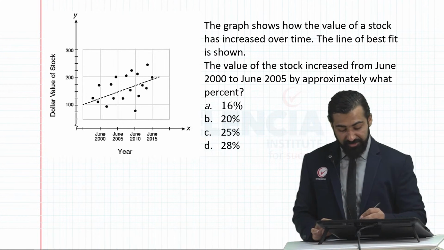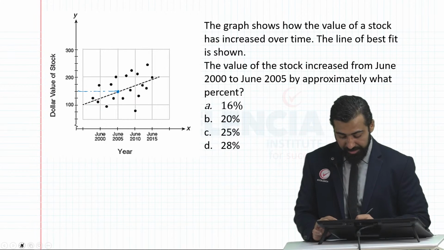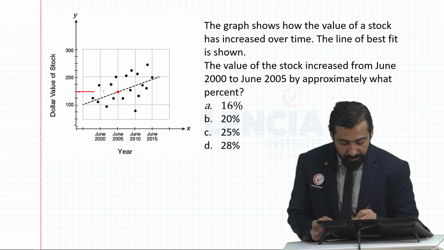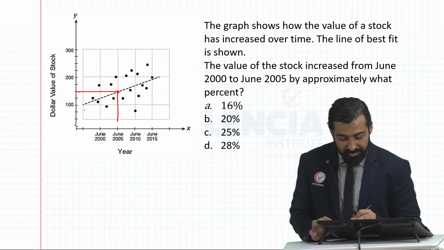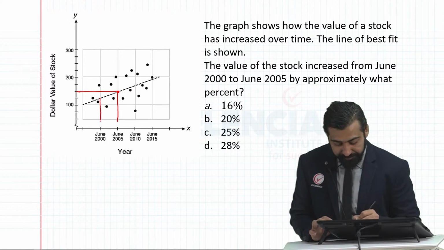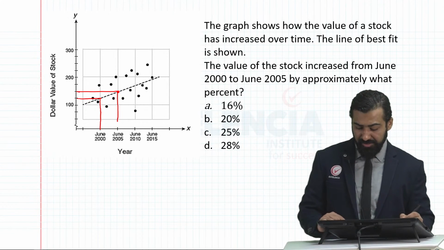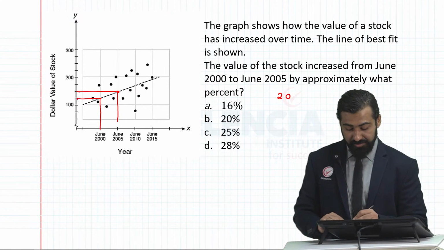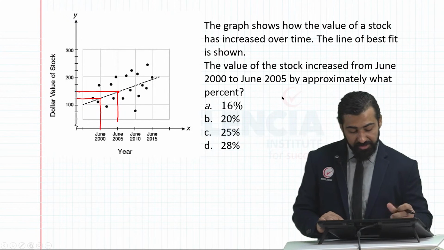So June 2005 here. Let me use another color. This is the result for June 2005, and June 2000 is here. So the difference between the two values we can see is 25 points.